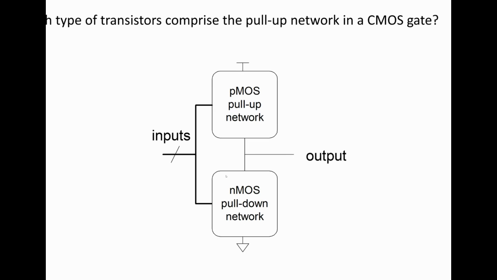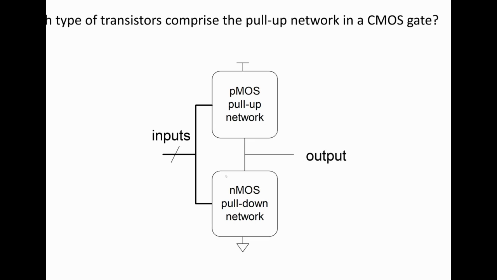So the PMOSs are pull up because what is the reason for that? Well, the reason is that for the PMOSs you want those to be closer to VDD, so that the gate voltage is relative to the source, right? The VGS.